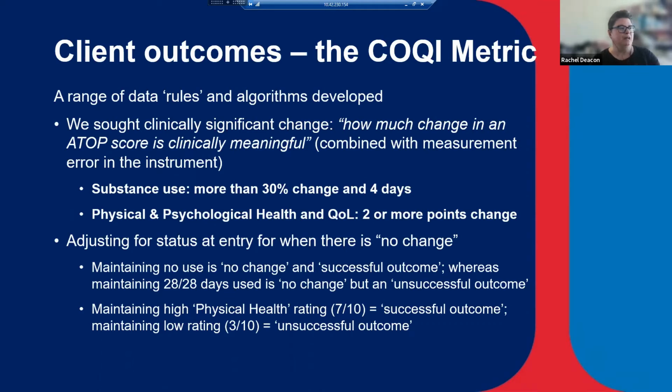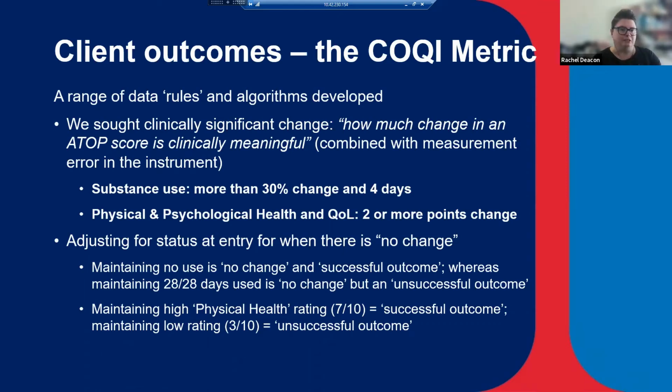And what we've determined from our work is that for substance use, a clinically meaningful change is a minimum of 4 days or more than 30% change in the number of days of substance use. For physical and psychological health and quality of life, 2 or more points is a clinically meaningful change.